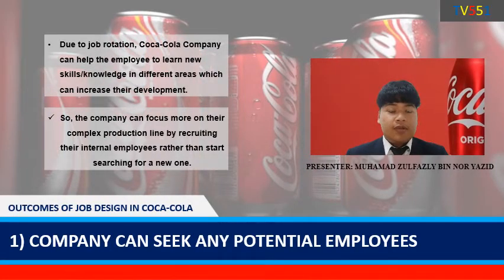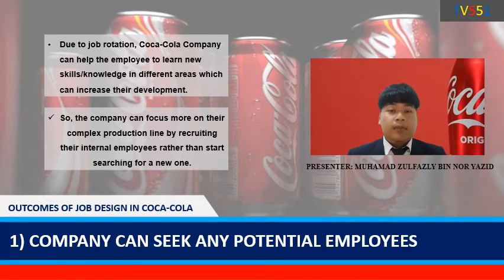According to the practices before, there are three outcomes that we can see based on the practices in Coca-Cola. The first outcome is the company can seek potential candidates for any position without burdening the employer. Because of job rotation, it can help the employee to learn new skills or knowledge in different areas, which can increase their development.